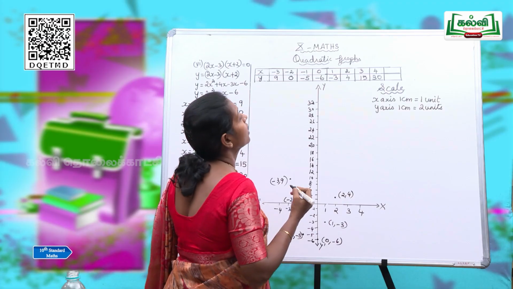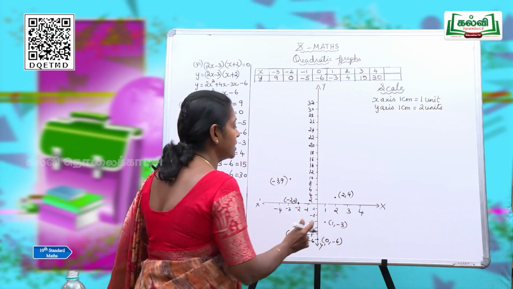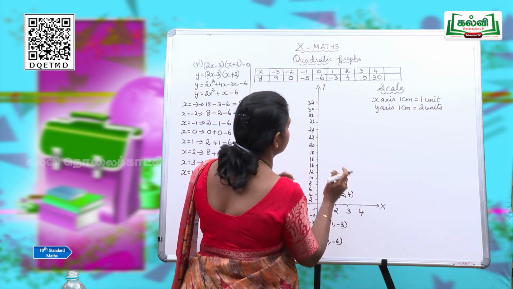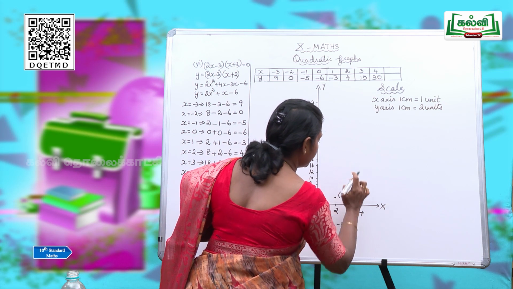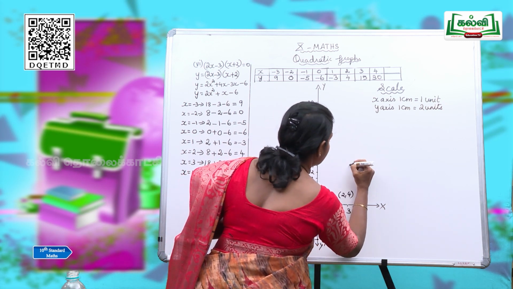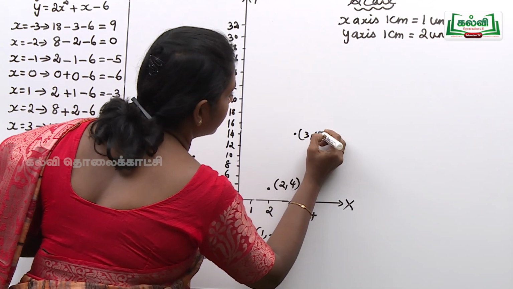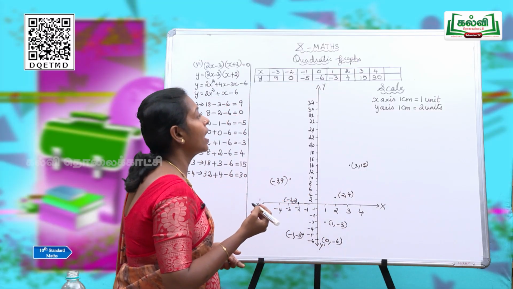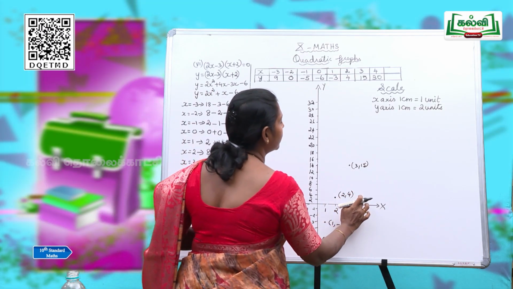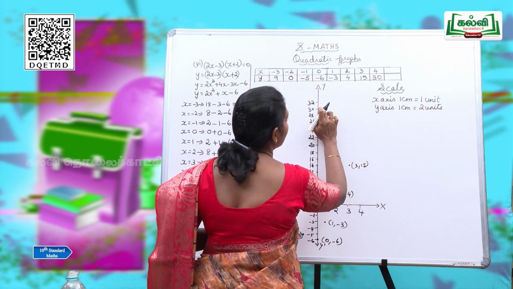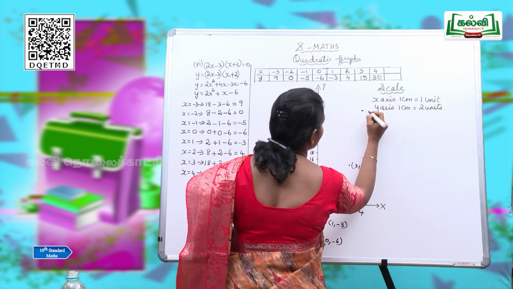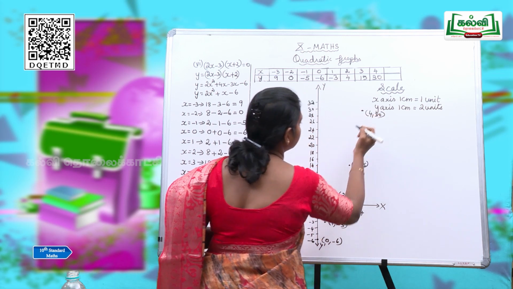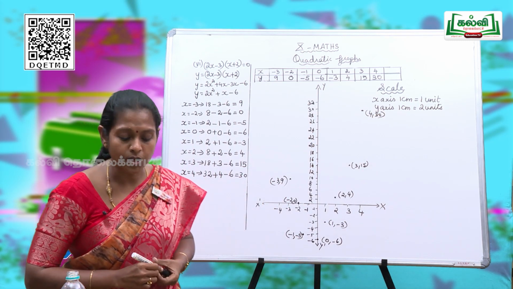Next, 3 and 15. That means it lies between 14 and 16, so it will be here. The last point, 4 and 30. So 4, and at last 30. It will be here. Now the plotting is over.